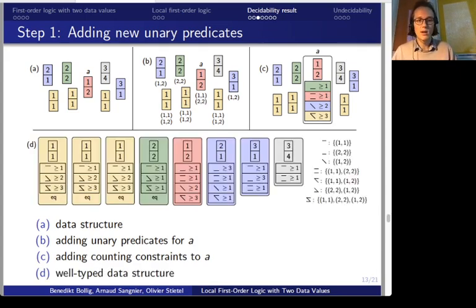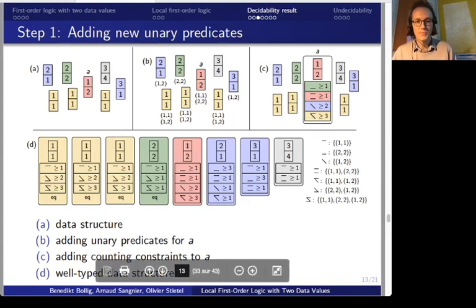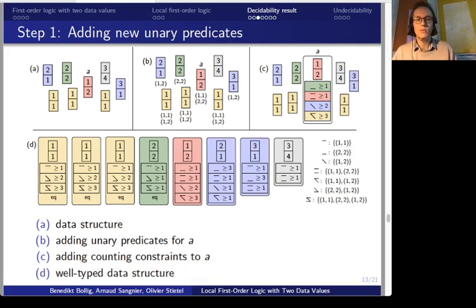And so we do this with all the elements, and this will be sufficient to check if a model satisfies a formula, because in the neighborhood is all the information that is needed.